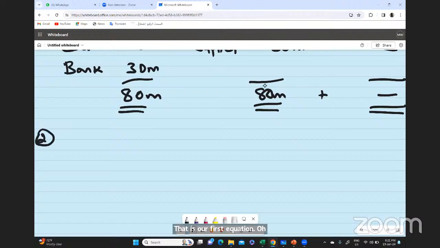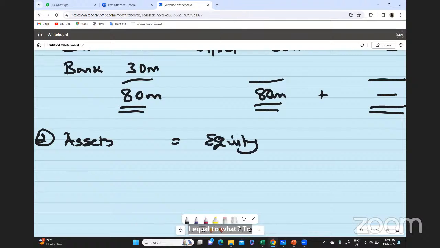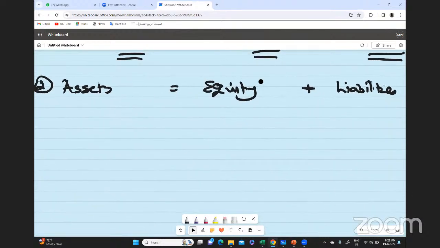Our second transaction, still it is going to be assets equal to equity plus liabilities.